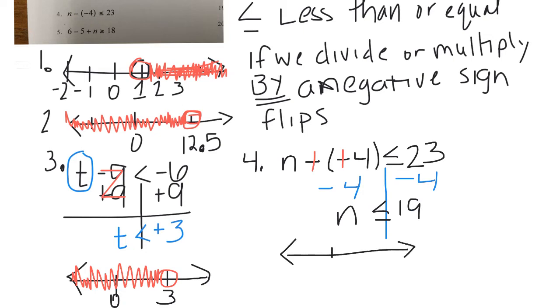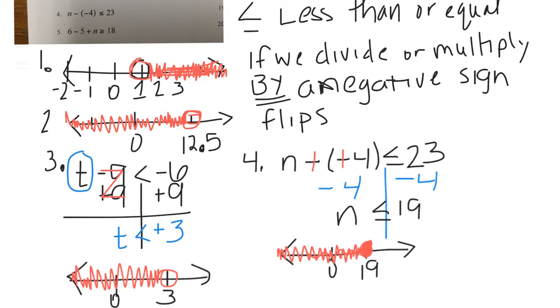We'll draw our number line, 0, 19, and we have a closed circle for less than or equal to, and 0 is less than 19, so we're going to shade towards the 0. It's a good idea to put 0 on there, and you can ask, is 0 less than, is 0 greater than, and you'll shade towards it if your answer is yes, and you'll shade away from it if your answer is no.